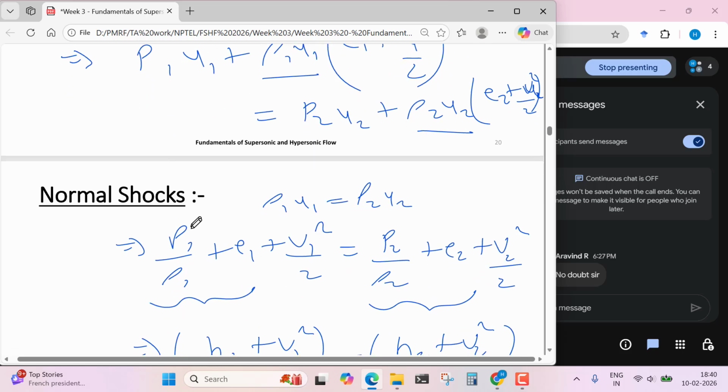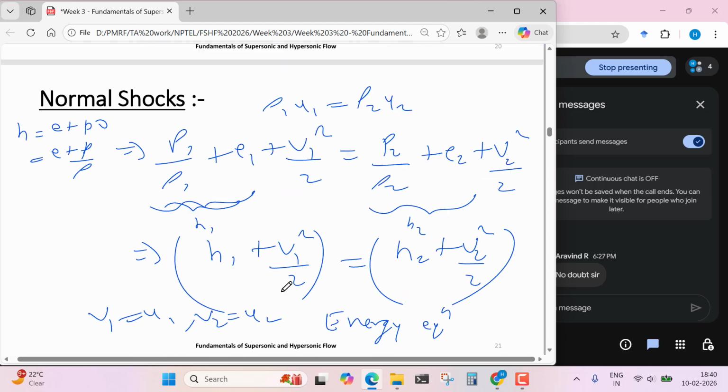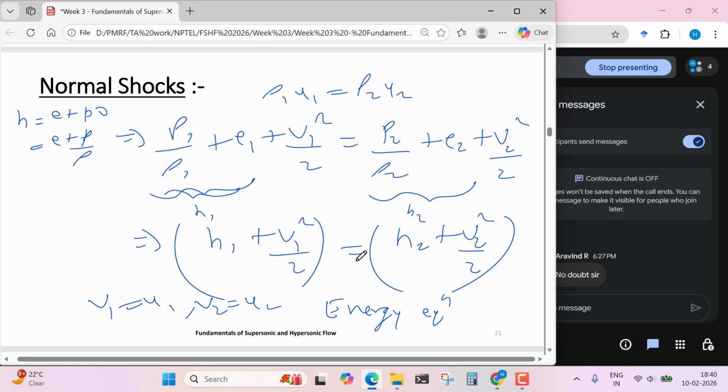So we'll get P1 upon rho 1 plus e1 plus V1 square upon 2 equal to P2 upon rho 2 plus e2 plus V2 square upon 2. Now you might know that h equal to e plus p upon rho. So this we can write as h1 and this term we can write as h2. So we will get h1 plus V1 square upon 2 equal to h2 plus V2 square upon 2. This is the energy equation.